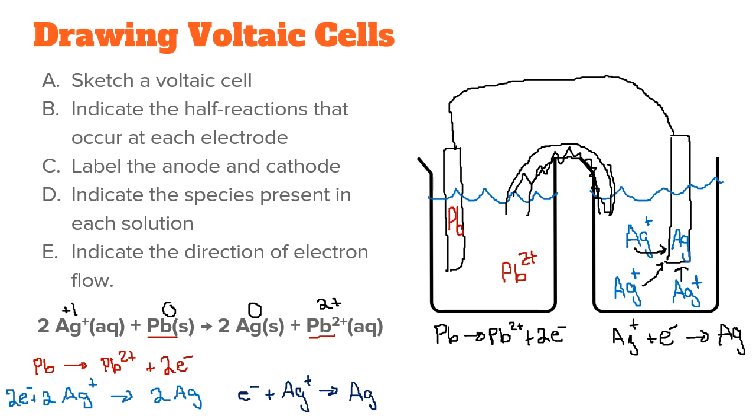Now it wants us to label the anode and the cathode, and remember your mnemonic is AN-OX, so the oxidation reaction is going to be the anode, and that is the one with the lead. So this is the anode. And red cat: reduction happens at the cathode. The reduction reaction is the gaining of electrons, which occurs over here with my silver. So this is going to be the cathode.